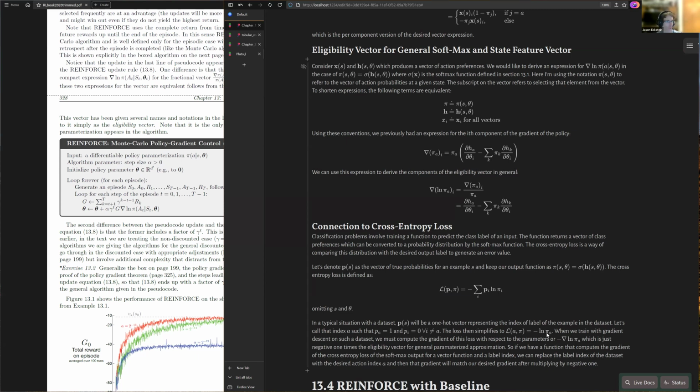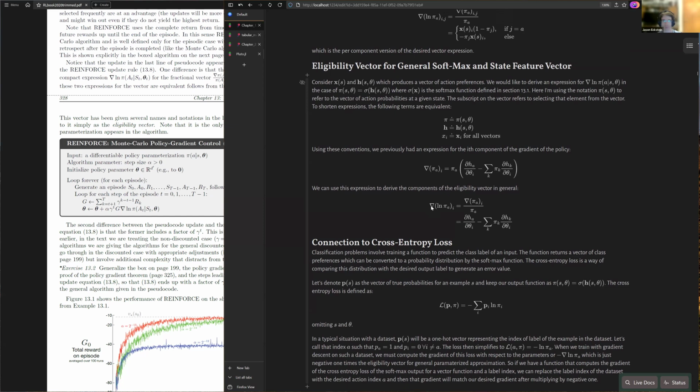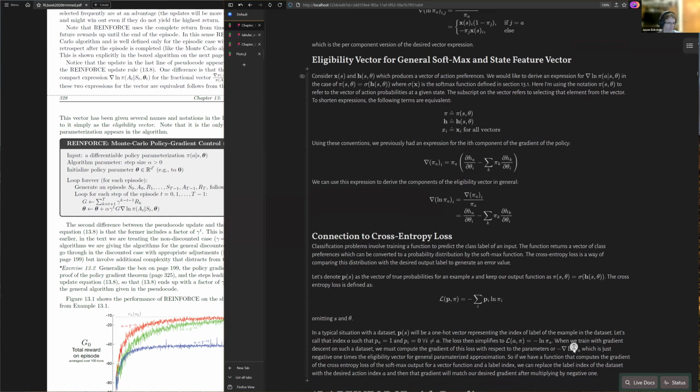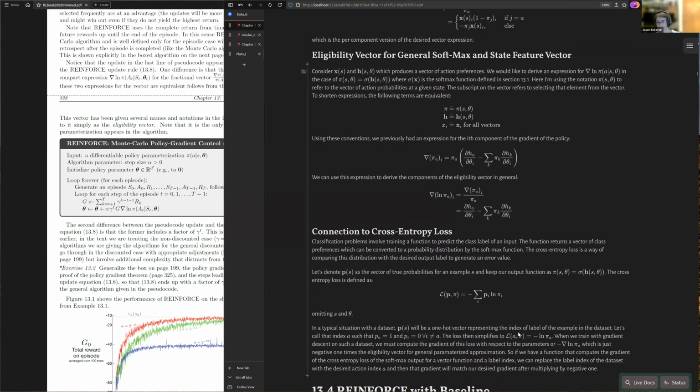And then to do supervised learning with this, we would take the gradient of this loss function, and that's just the gradient of negative log of pi. But that's also the same exact thing we're using here for the eligibility vector. So if you have some function that's designed to do supervised learning with the cross entropy loss, you can actually use it to compute the eligibility vector, or it will be the negative eligibility vector, because there's no negative term here.